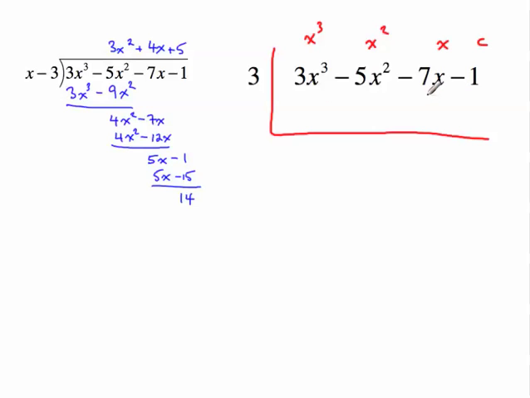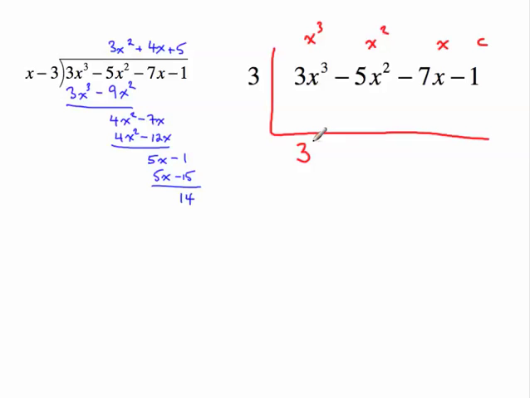You'll see why shortly. To do synthetic division, the first thing you're going to do is take the coefficient of your first term. Again, they all should be arranged in descending order of degree as they are here. You're just going to bring that down and copy it underneath the line of your synthetic division symbol.